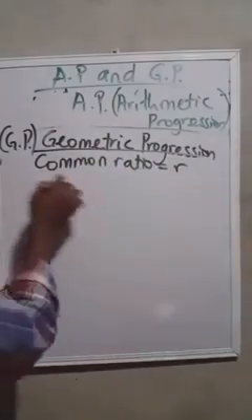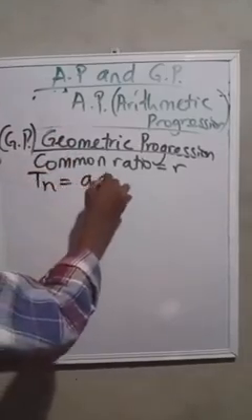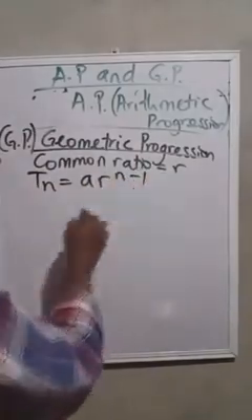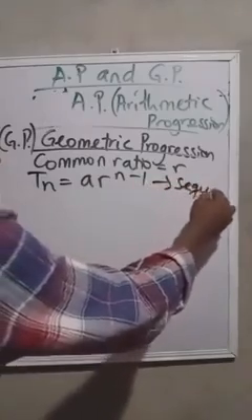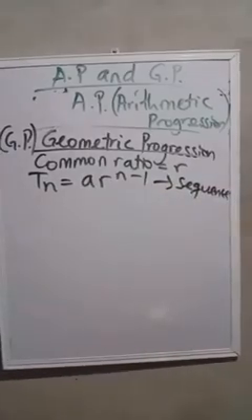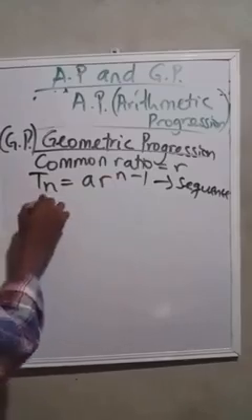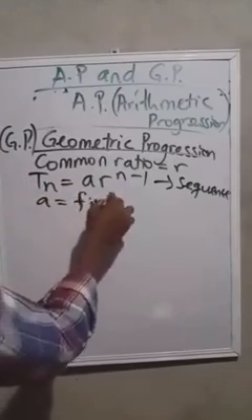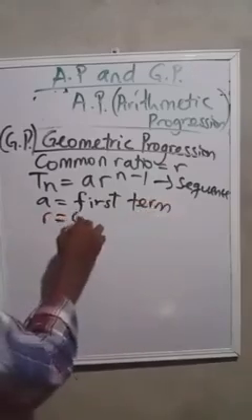Your first term, you have your formula to be Tn equals AR^(n-1). This is for sequence. I'm explaining the sequence of a geometric progression now. In this formula, what is A? A is the first term, as usual. R is the common ratio.